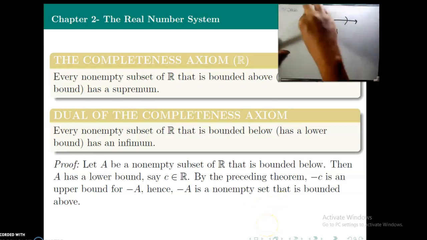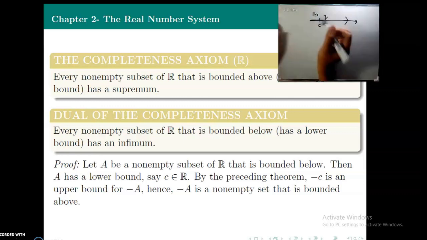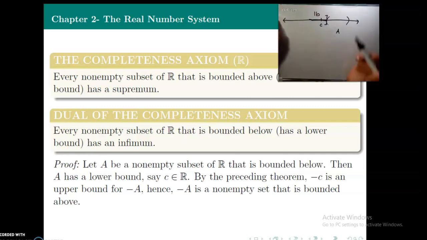Okay, so let's extend this one. For example, we have here 0. So negative A is here.